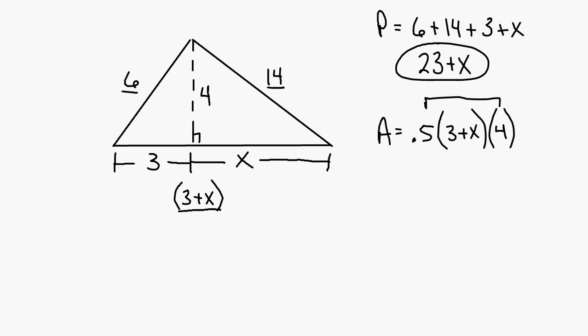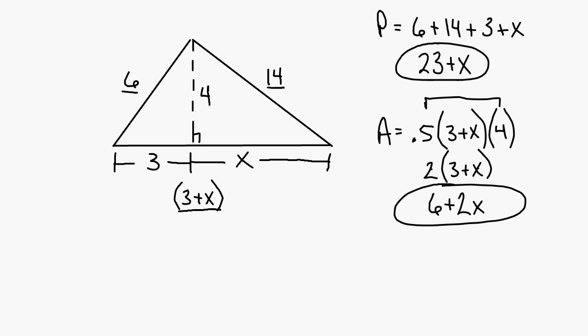Good, that's 2. So you've got 2 times 3 plus x. Now if you distribute the 2, you're done. 2 times 3 is 6, plus 2 times x is 2x. So your area is equal to 6 plus 2x.